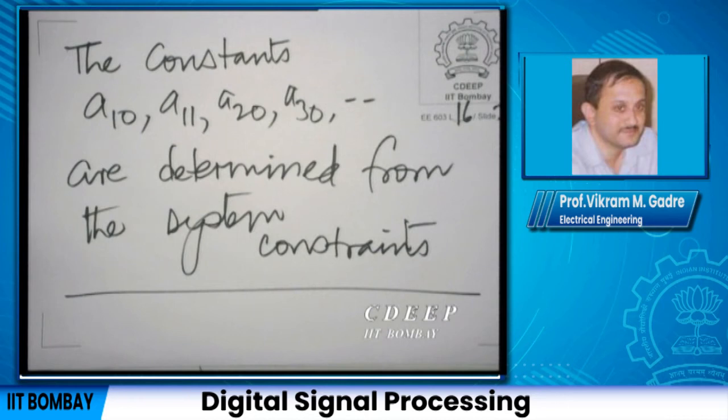Now, what do you mean by the system constraints? One constraint is the LCCDE itself. So, put this y[n] back into the LCCDE and some constants will emerge on their own. Then take into account the conditions on y that are given to you. Some more of these constants will be constrained. Is that right?